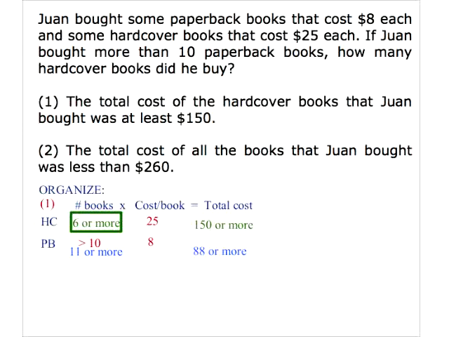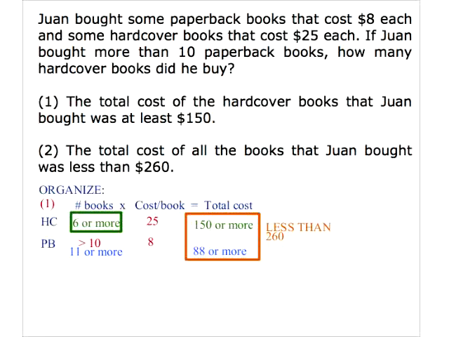Okay, so here's the chart from statement 1, but we also need to incorporate statement 2 into it. So these need to be less than 260. How can we do this? How can we investigate?